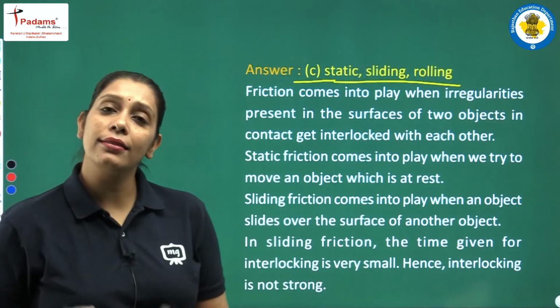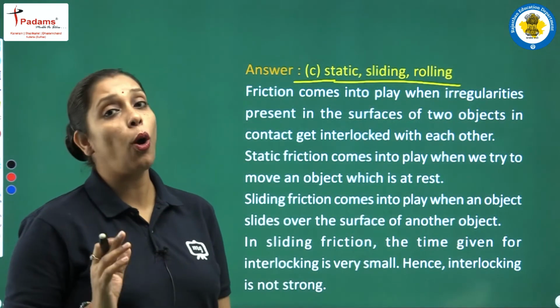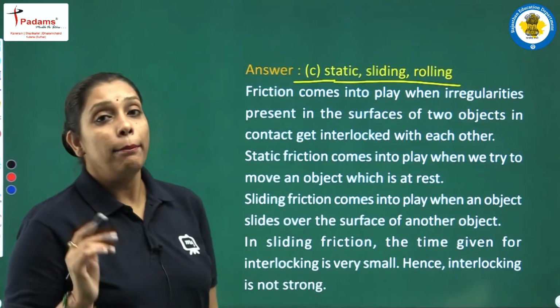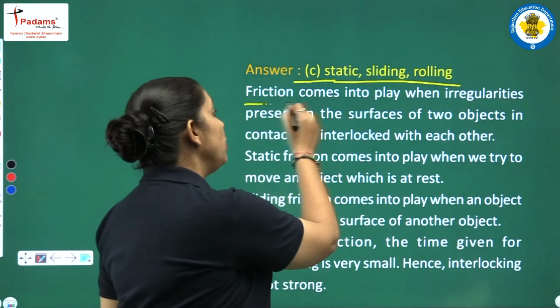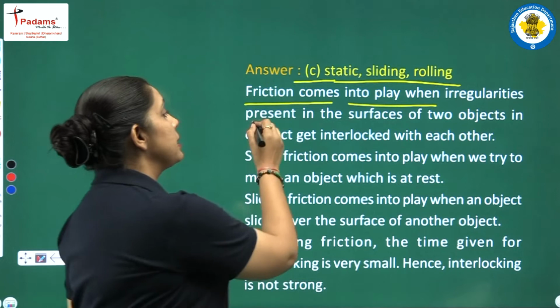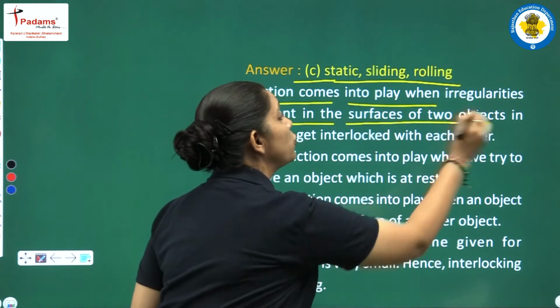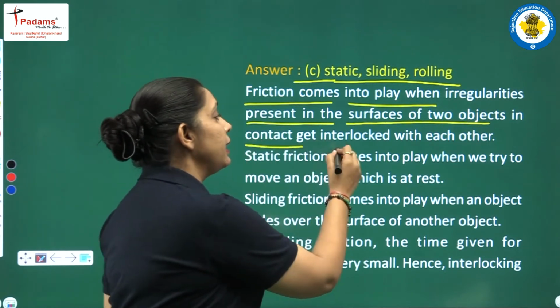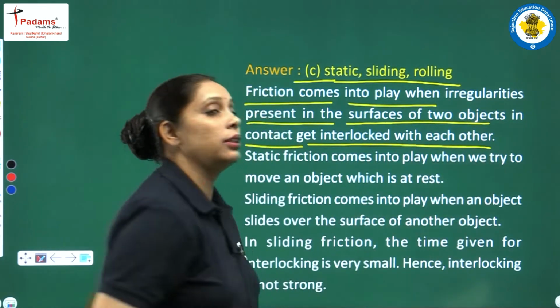And why is this answer correct, why do we opt for option C, static, sliding and rolling? Because friction comes into play when irregularities present in the surfaces of 2 objects which are in contact get interlocked with each other.